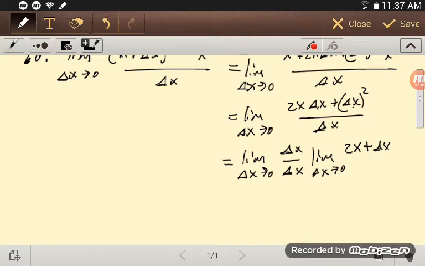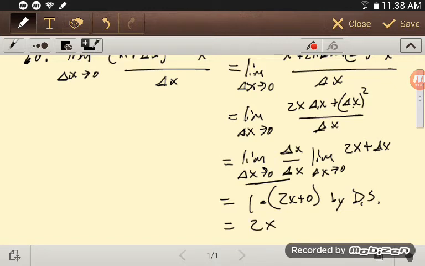But now, again, we're using this nice thing here that's just 1, and then by direct substitution we get our 2x plus 0, and so now we just get 2x.